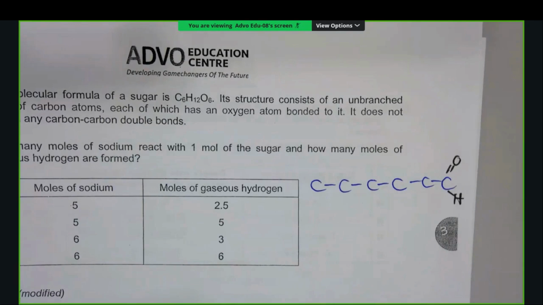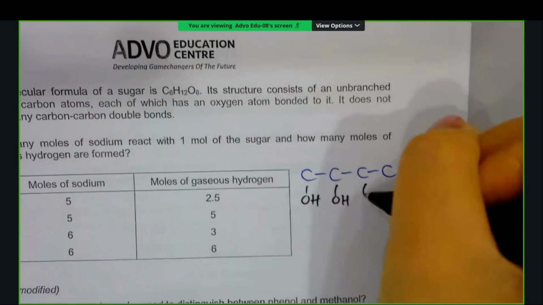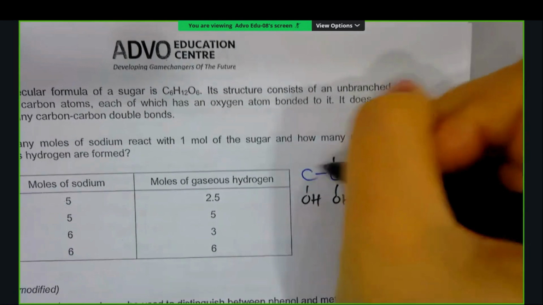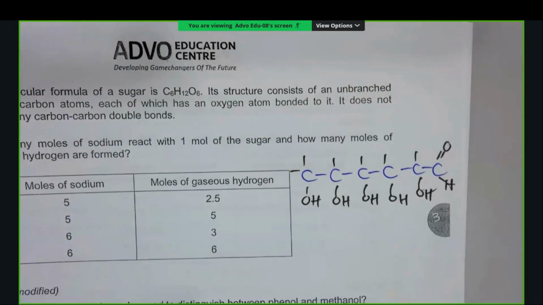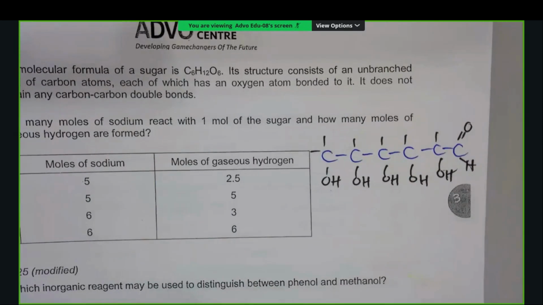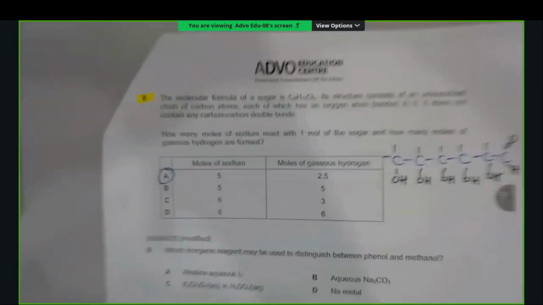Whenever we create a double bond, the hydrogen number can be lesser than expected. Then the rest will just be alcohol and hydrogen atoms. So how many sodium will react? Basically 5. How many H2? 5 divided by 2, so 2.5. So answer is A. Got it?